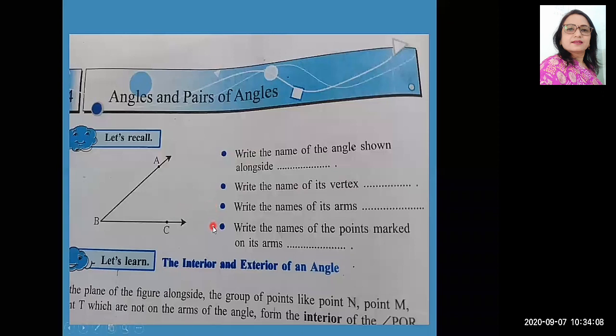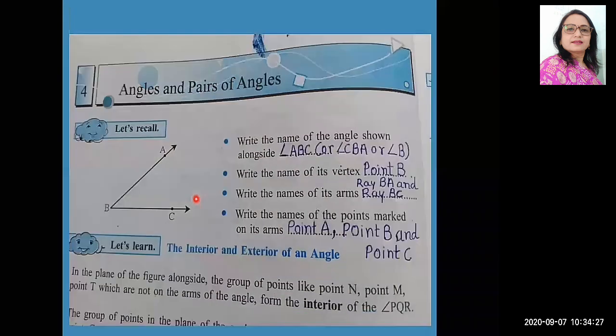Now the fourth question is, write the names of the points marked on its arms. Yes, good. Point A, point B and point C. Very good children, very good. Now stop chatting in your chat box. So here is the answer. You can take a screenshot. Done? Okay.